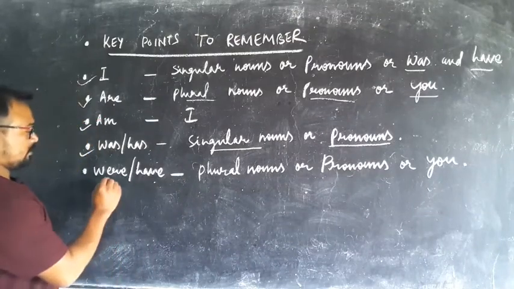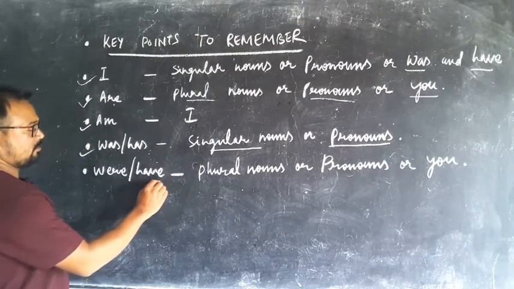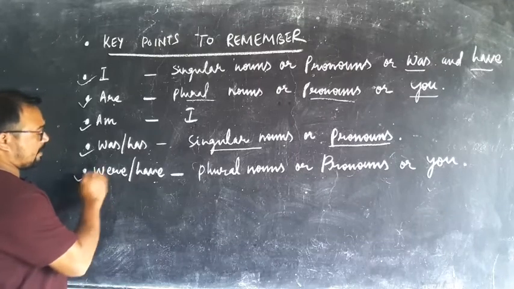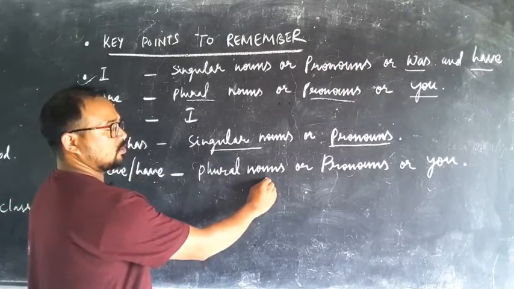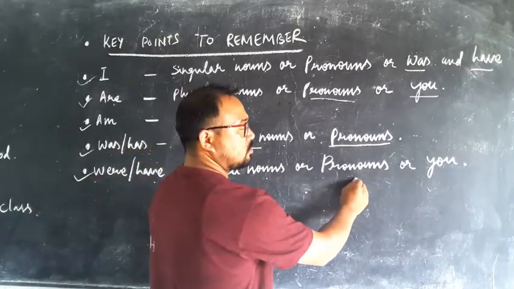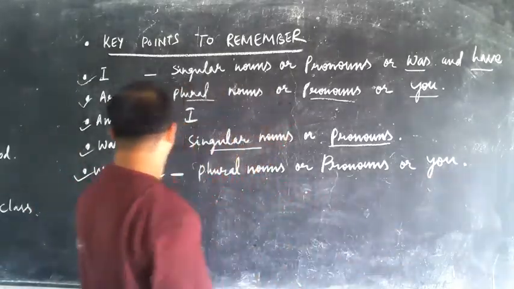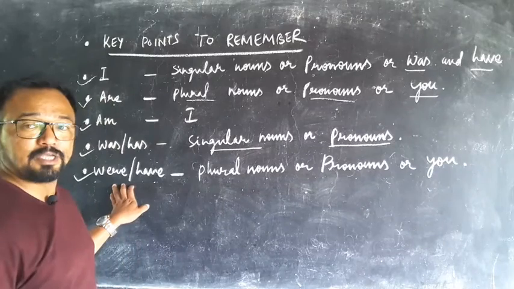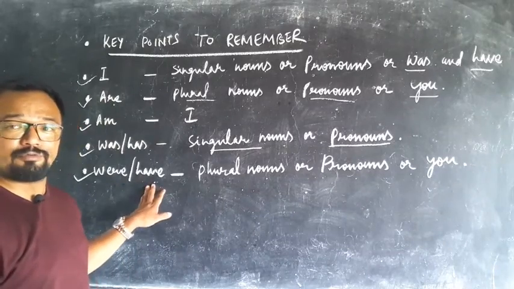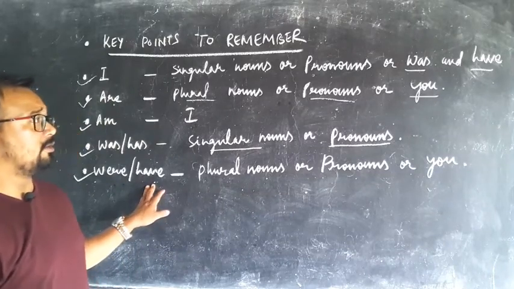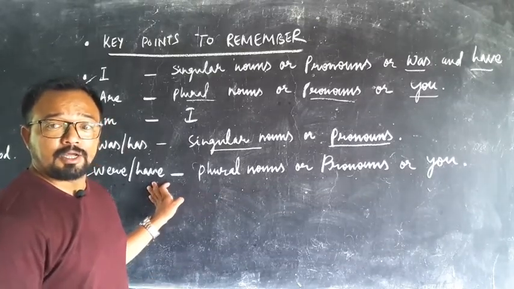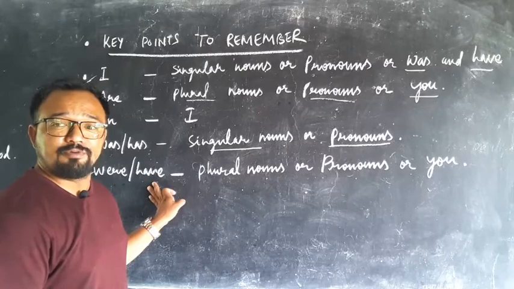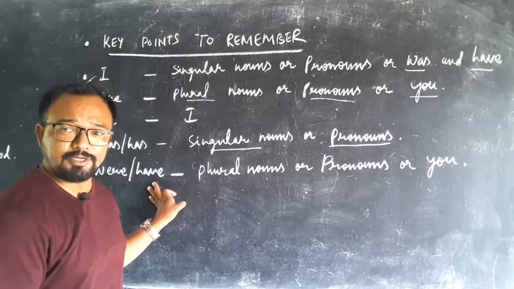The next, were and have. Now where to use the words were and have? Were and have can be used with plural nouns or pronouns or you, like you were. You can say you have. In that way you can form a good sentence with the correct subject and verb agreement. Alright?